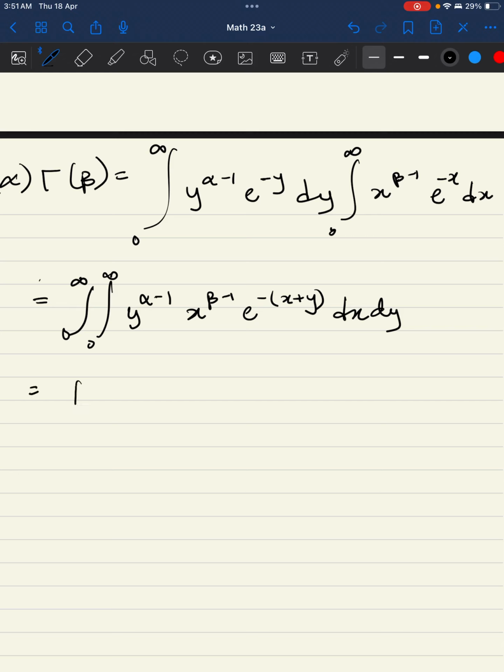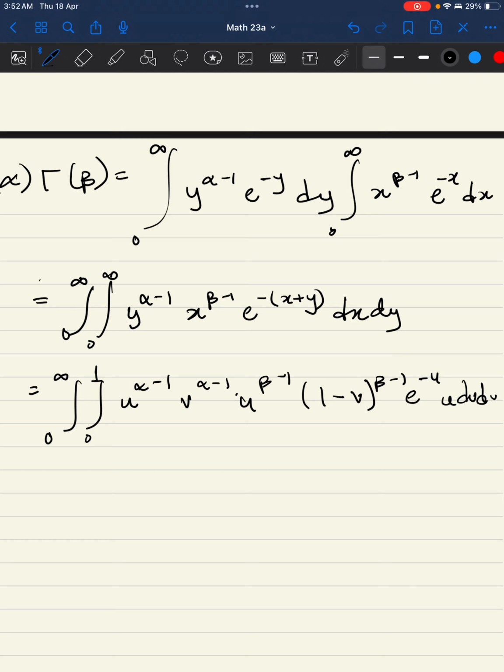And this thing is equal to the integral from 0 to infinity. We just have to change the bounds and put in the taxicab coordinates, so v to the alpha minus 1, u to the alpha minus 1, u to the beta minus 1, and then 1 minus v to the beta minus 1, and lastly e to the minus u, dv du.